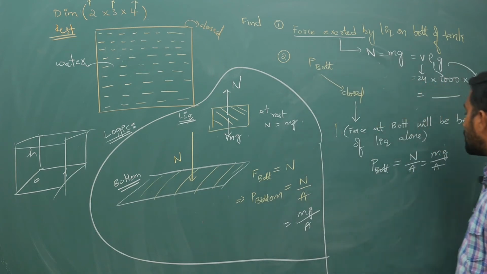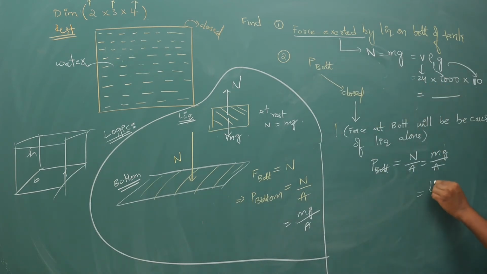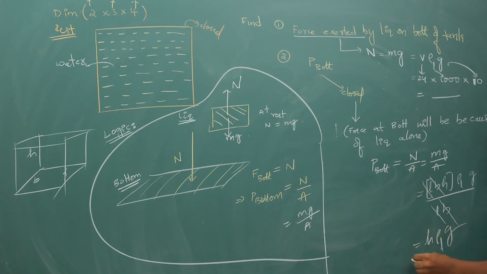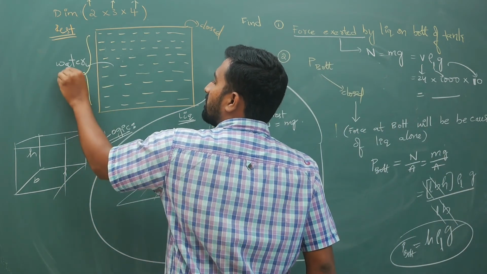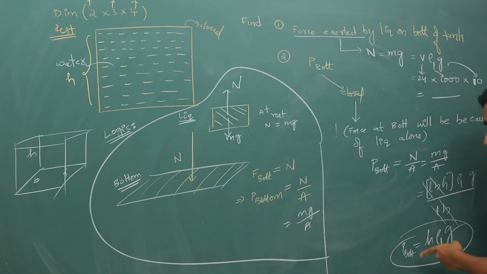So it is L B H into density of liquid into g, by area L into B. LB will cancel off. You are going to get H into rho of liquid into g as the pressure at the bottom. This is why we write pressure at the bottom as H rho g.